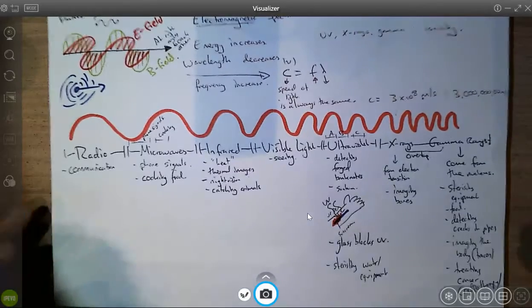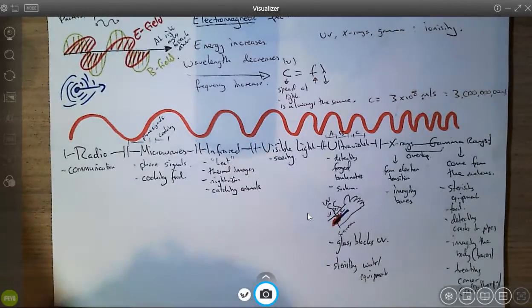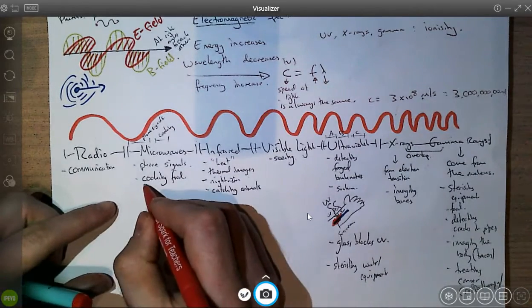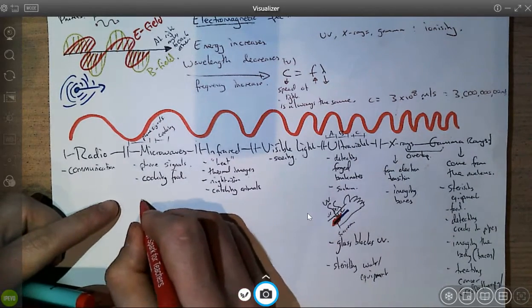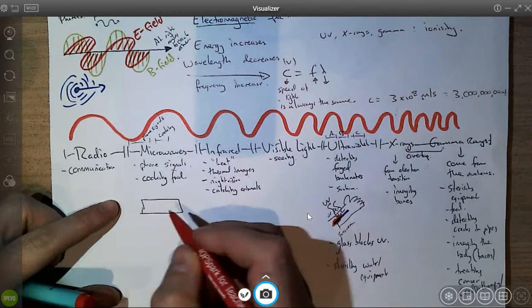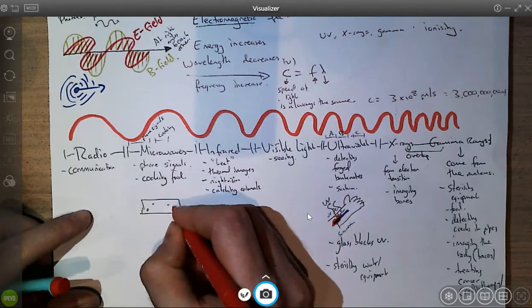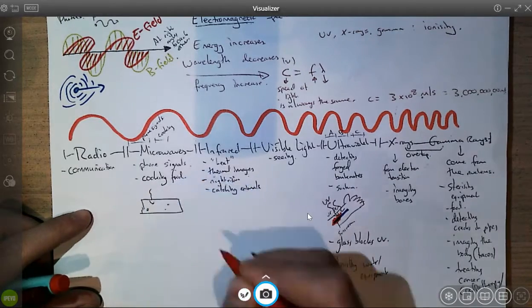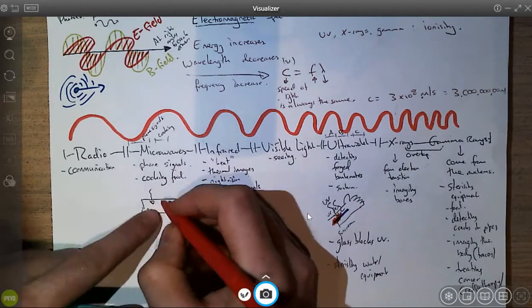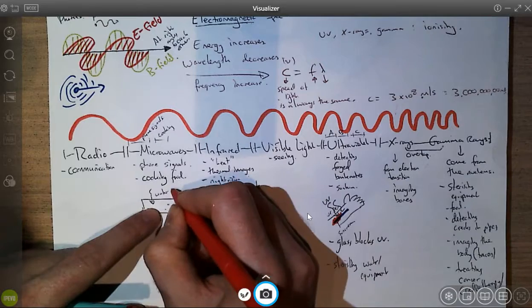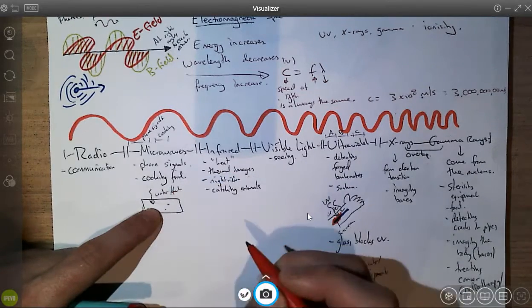And then the one other thing that you might want to go into in a bit more detail is microwaves and how they cook food. So you can talk about if you have a lump of food, the food will have some water molecules in it. The microwaves come in, the water and fats absorb the microwaves.